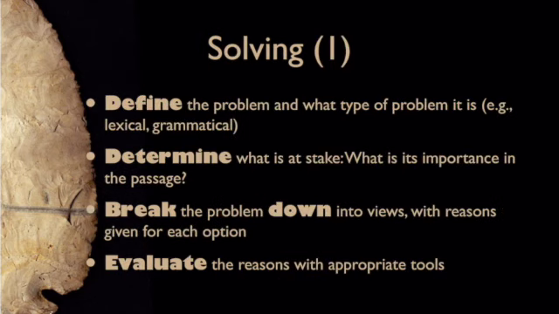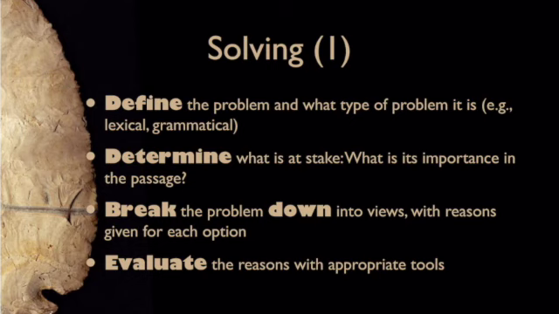So when we're solving the problem, which is our second step, we've surfaced the problem, now we want to solve the problem. Really what we want to do is define the problem and identify what type of problem it is. We could be dealing with a lexical issue, and so a particular word might mean one thing or the other. And so the best way to solve the problem might be to do a word study.